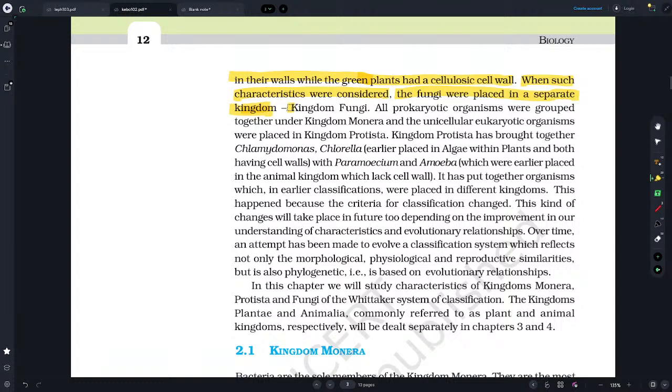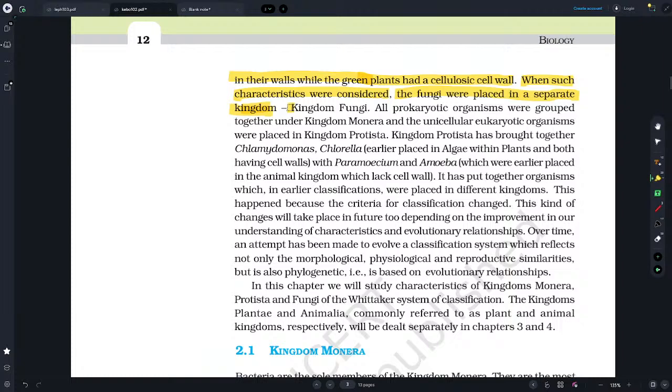The fungi had chitin in their walls, while the green plants had a cellulosic cell wall. When such characteristics were considered, the fungi were placed in a separate kingdom, the kingdom of Fungi. All prokaryotic organisms were grouped together under the kingdom of Monera, and the unicellular eukaryotic organisms were placed in the kingdom of Protista.